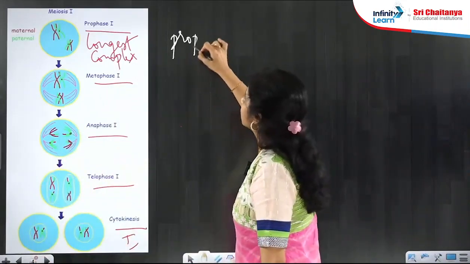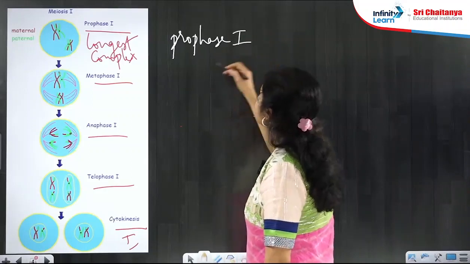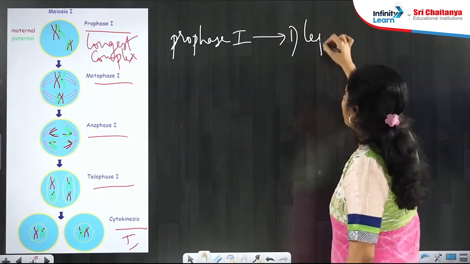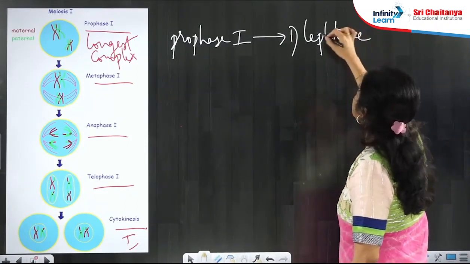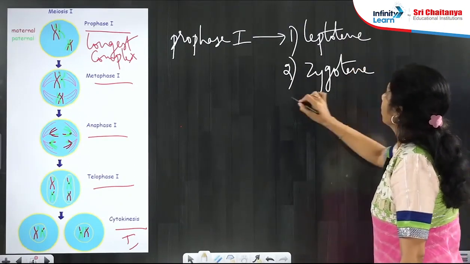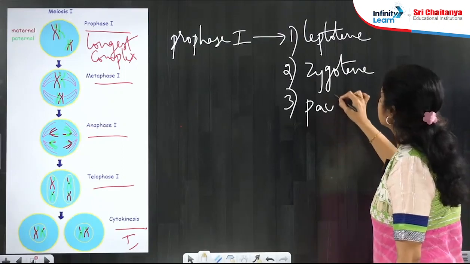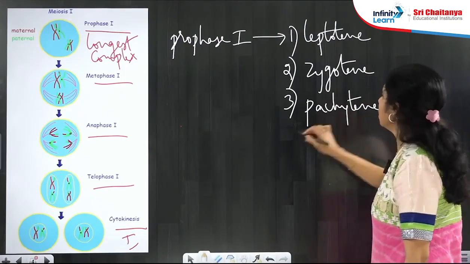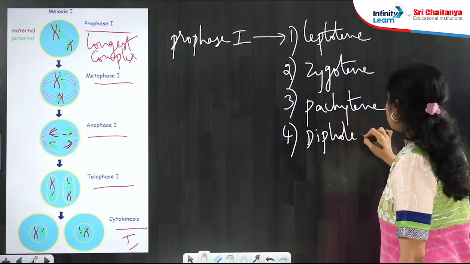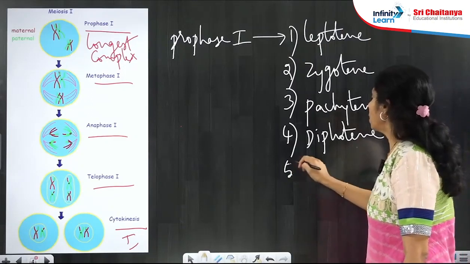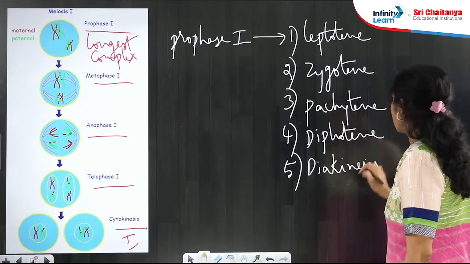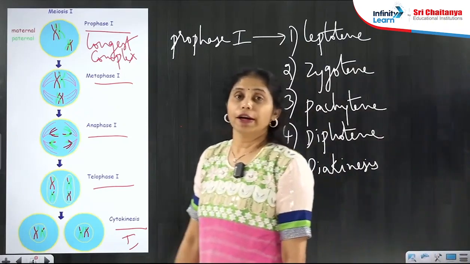Prophase 1 is subdivided into leptotene, zygotene, pachytene, diplotene, and diakinesis. So prophase 1 is subdivided into 5 phases.